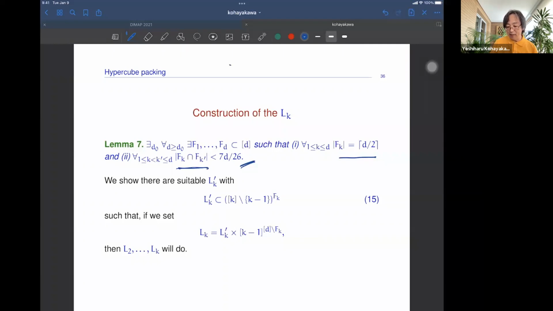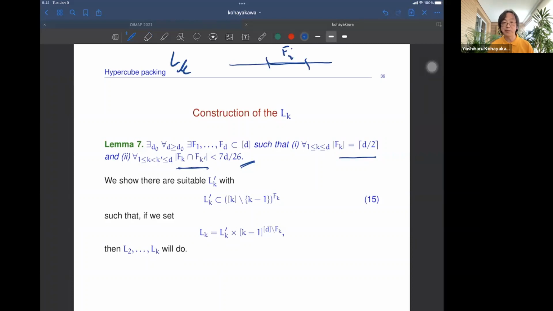Okay, so you use this family of sets. And then I'm trying to produce LK. Remember that when producing LK, in every coordinate I want to avoid uniformly coordinate K minus 1 or coordinate K. I do the following.